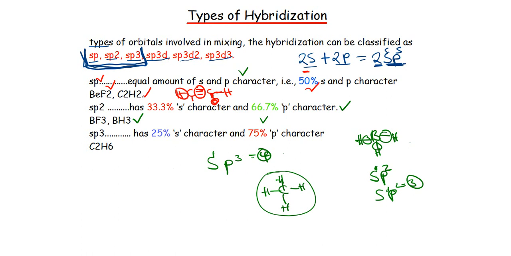So the character now, what will happen is that for s, out of 4, we have 1 over 4 times 100. That will give us 25%. So 25% is the one you get.